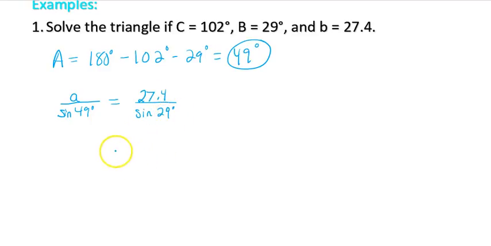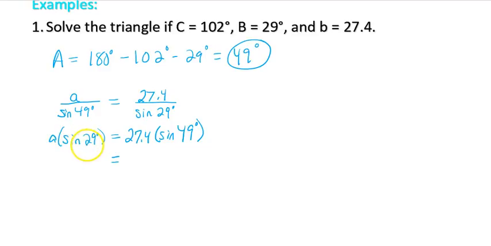Now, you just have an equation where you can cross multiply. So I'm going to do A times the sine of 29 equals 27.4 times the sine of 49. And it might help some of you to go ahead and type those in your calculator and think of them as numbers, decimals.